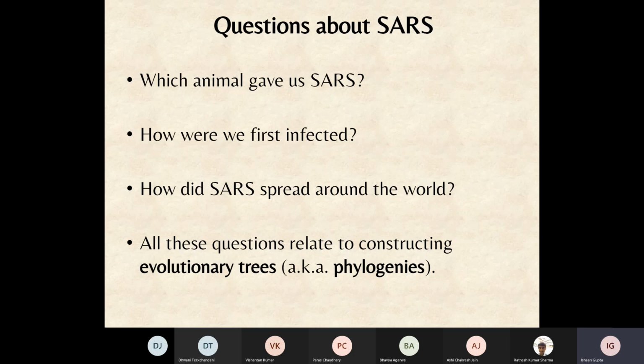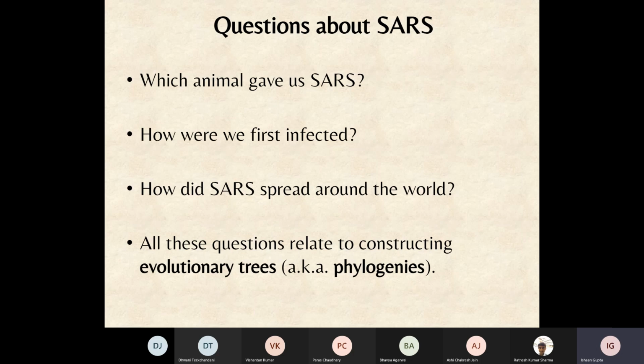So people tried to isolate viruses from the different animals that were there in the Wuhan market, and that's how they were trying to compare the sequence of the virus from that animal and the virus that was isolated from humans, and they tried to see, okay, do these sequences look very similar when we do sequence alignment, as I have shown you in the earlier module?